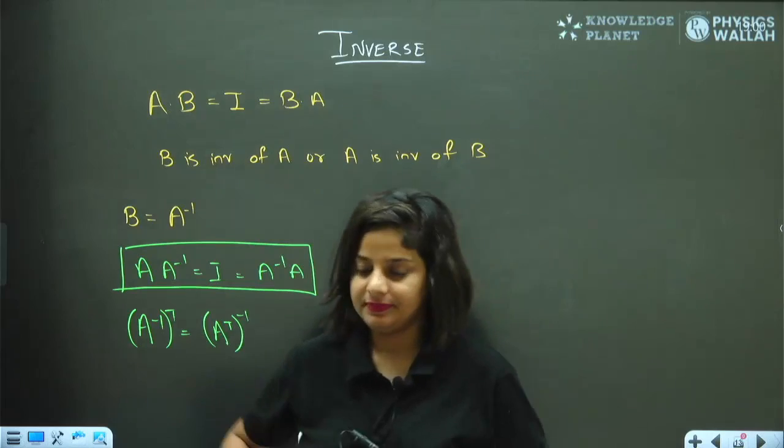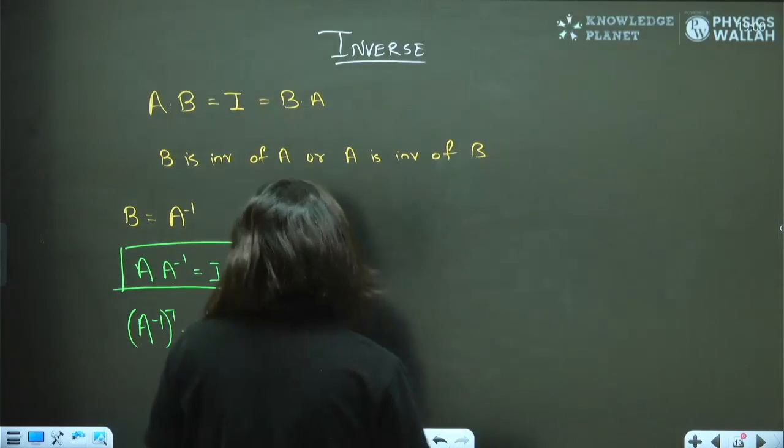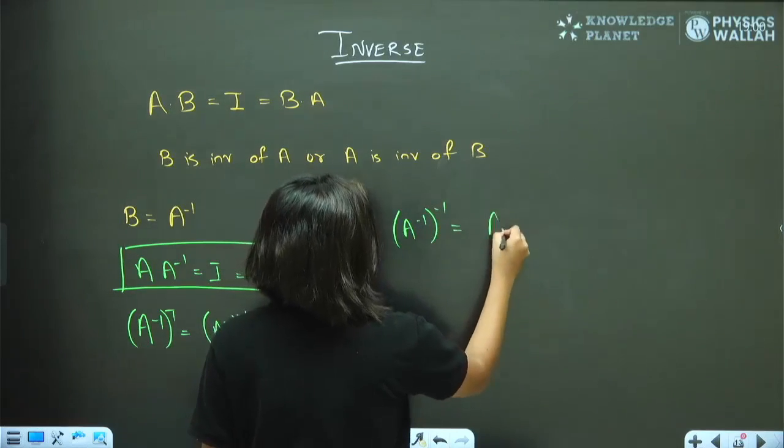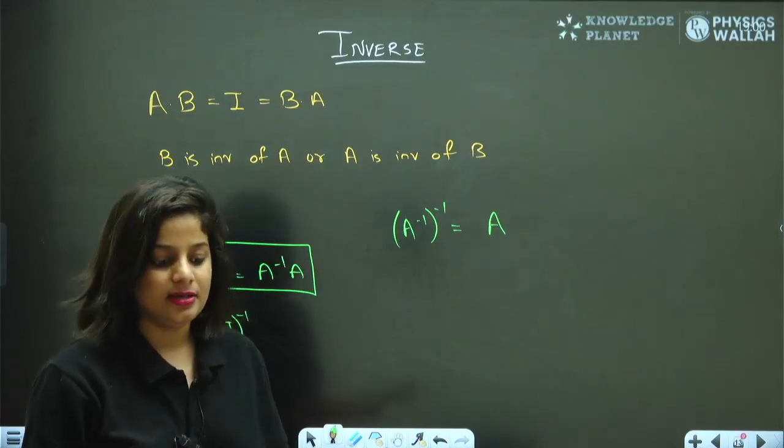Next, A inverse, the whole inverse is same as A. When you take the inverse twice, you get the same thing.